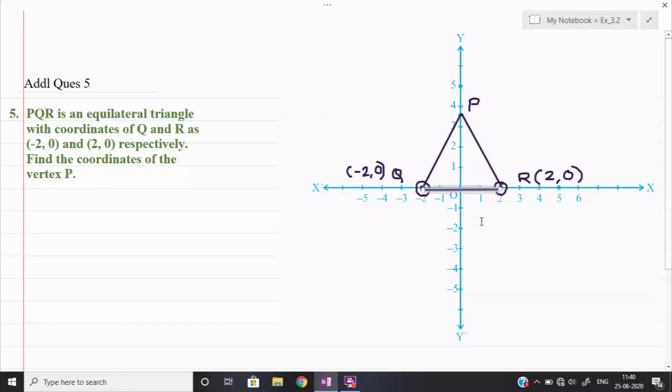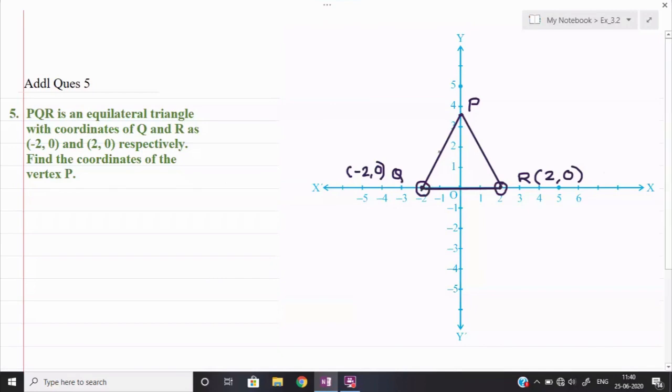So here we can say this is my triangle PQR.